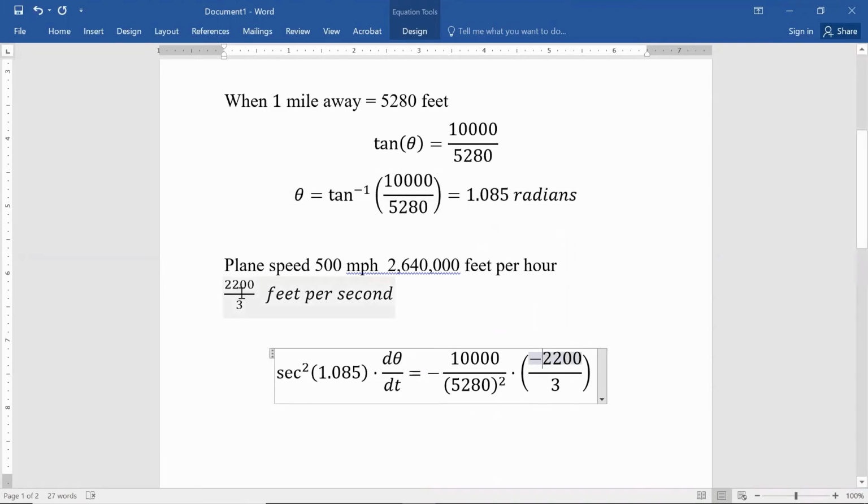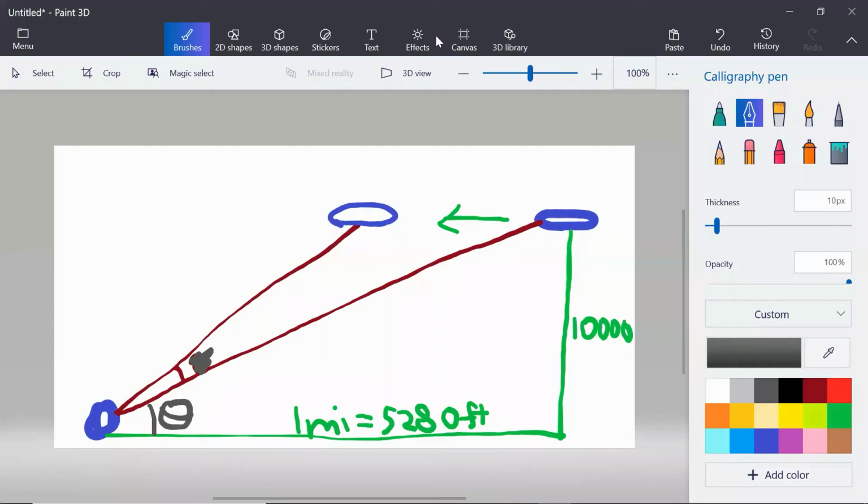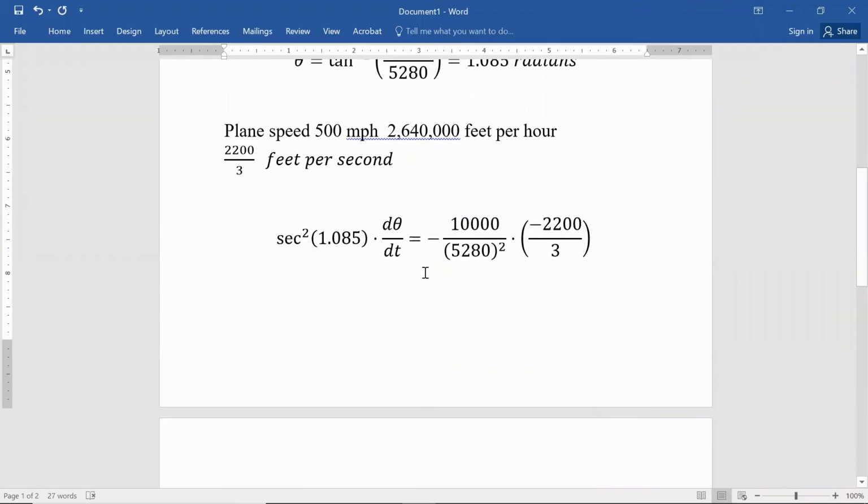Just realize that when I plug it into my formula, even though we know the plane's speed is 2,200 over 3 feet per second, because it's traveling from right to left, we need to make that a negative so this all works out. In other words, we're moving in the negative direction along the x-axis. This distance is moving in a negative direction. Once we have that, we can solve.